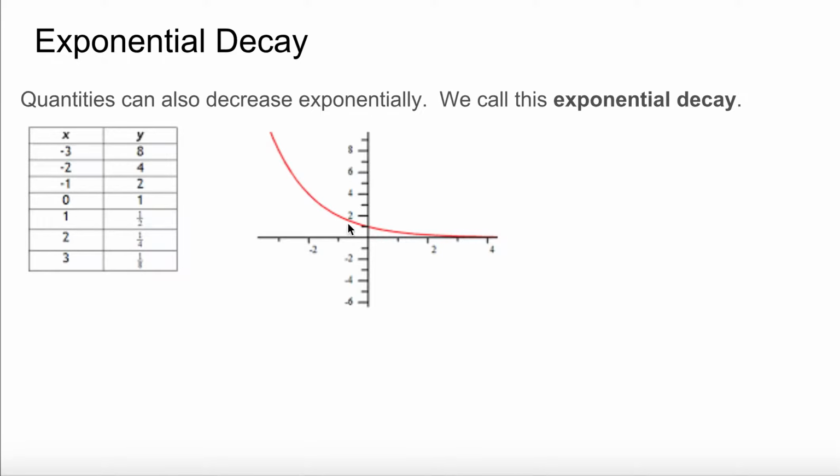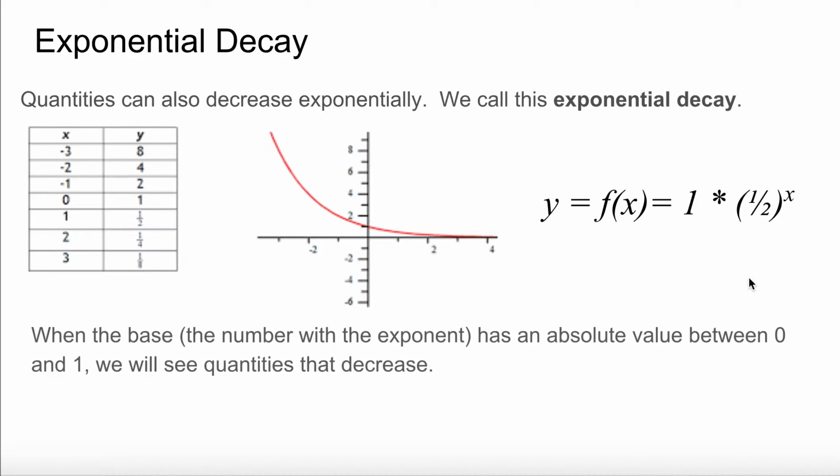Decreasing quickly and then slowing down. And the equation for this here is f of x equals 1, note our starting value, times 1/2 to the x power. So we keep multiplying by 1/2 over time. This quantity is going to decay or shrink quite rapidly. And when does decay happen?